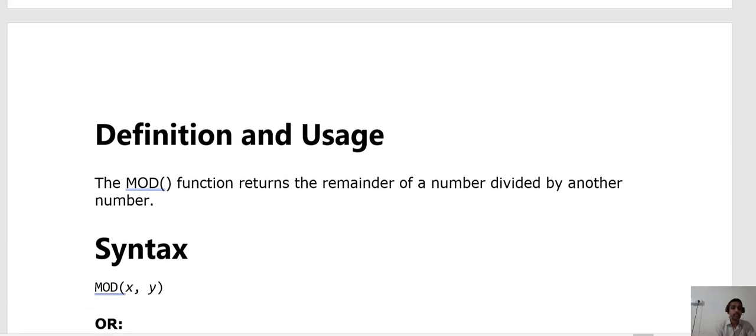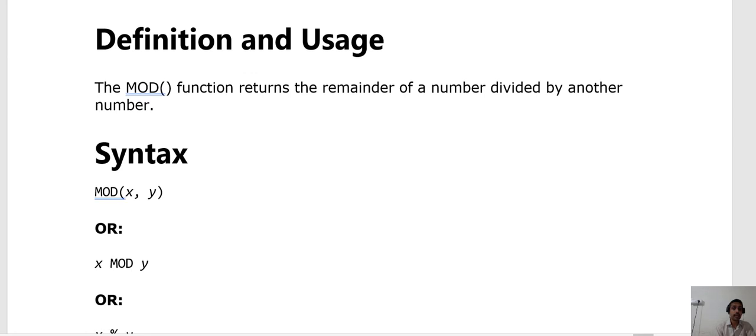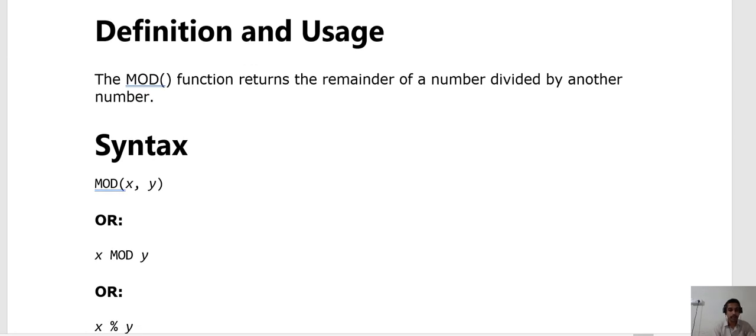So the mod function returns the remainder of a number divided by another number. Whatever the dividend and values are, that has already been discussed. Basically, whenever you divide one value by another value, we get a remainder, and that remainder is displayed by the mod function.